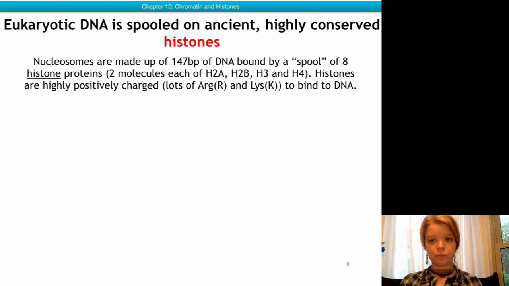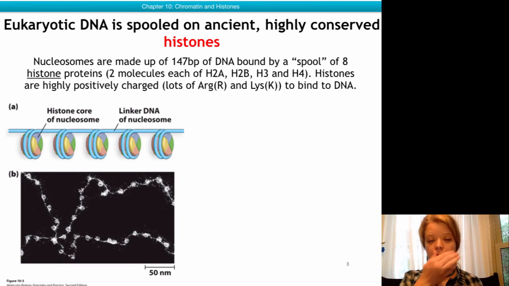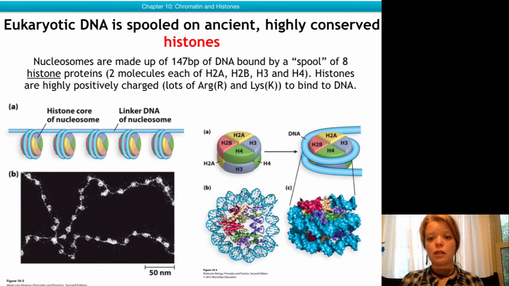They are made up of 8 histone proteins, 2 molecules each of 2A, 2B, 3, and 4. The beads on a string appearance is exactly how the nucleosomes look, and the core of each nucleosome is a histone octamer. This is the actual crystal structure of a typical nucleosome.